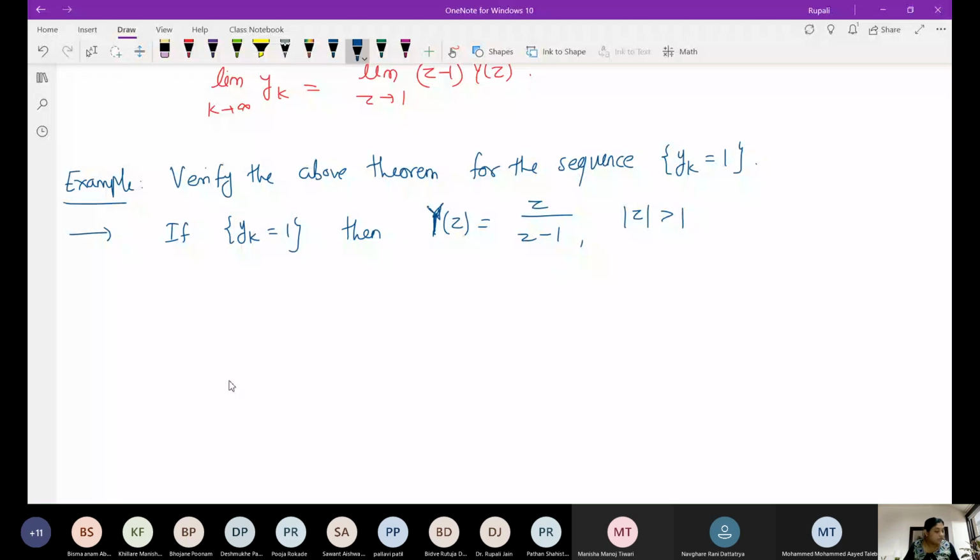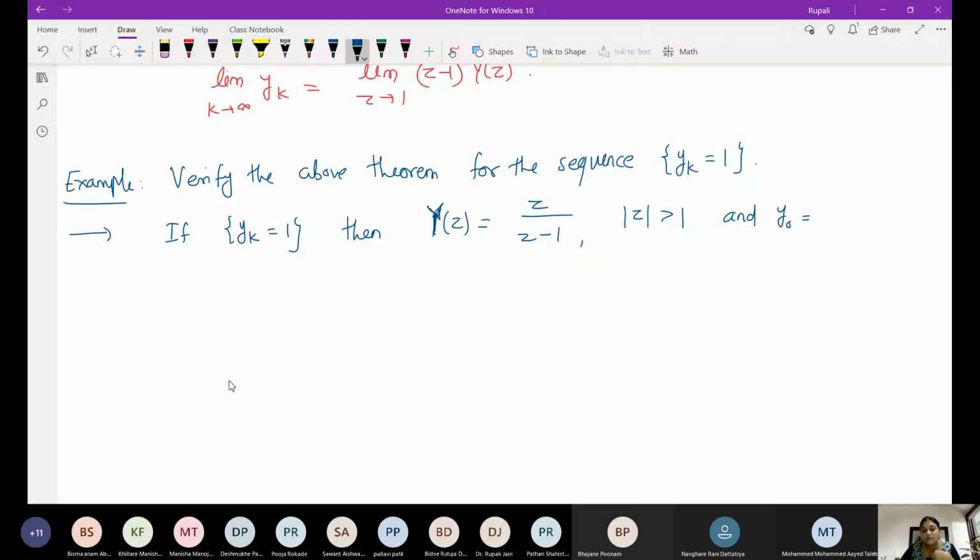So what I want to show is y(0). What is y(0) in this case? This sequence y(k) is equal to 1 means what? y(k) is equal to 1 for k equal to 0 to infinity.